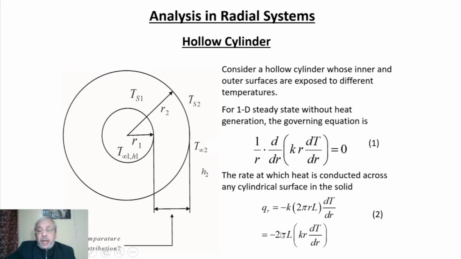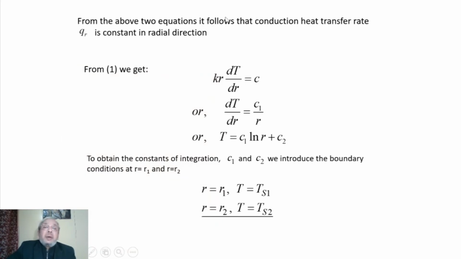So we can write minus 2 pi L into k r dT/dr. From this equation, it is quite clear that k r dT/dr is constant. So Qr is 2 pi L into k r dT/dr, and Qr is always constant at any radius. From the above two equations, it follows that the conduction heat transfer rate Qr is constant in the radial direction.